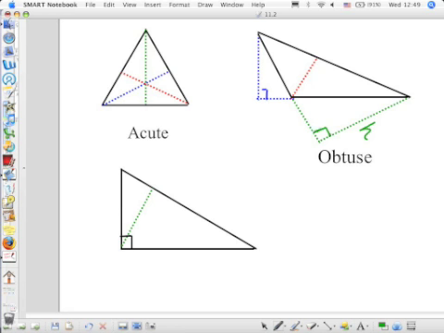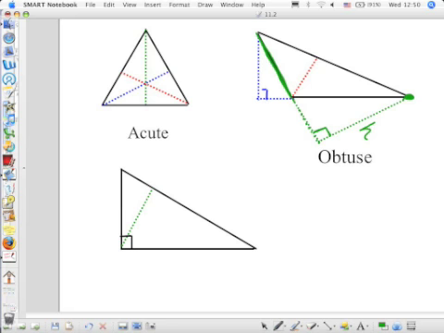If that green dotted line is my height, which side is my base? This left side. Okay? Because the farthest point away from this side is way over here. And so the line that contains that base, the perpendicular distance between that point and that line, is your height.